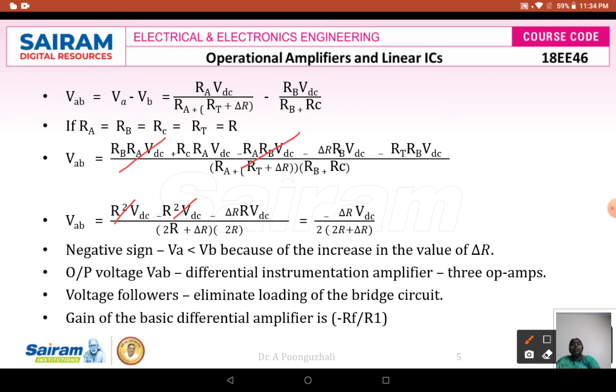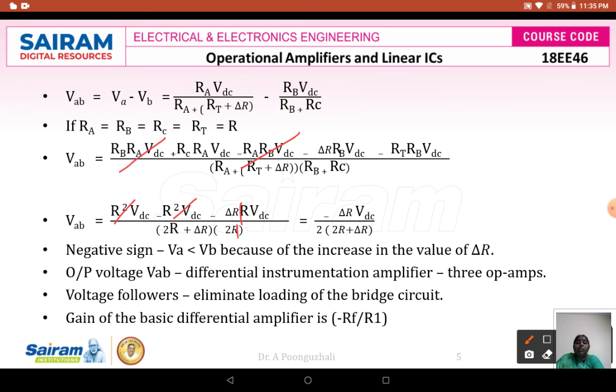So here we know that your del R is going to be a very small value, or we can see that this R and this R get cancelled. So finally my expression is going to be minus del R into VDC divided by 2 into 2R plus del R. So we see that you are having a negative sign. Negative sign indicates that my VA voltage is going to be lesser than the VB voltage because of the increase in your value of del R.